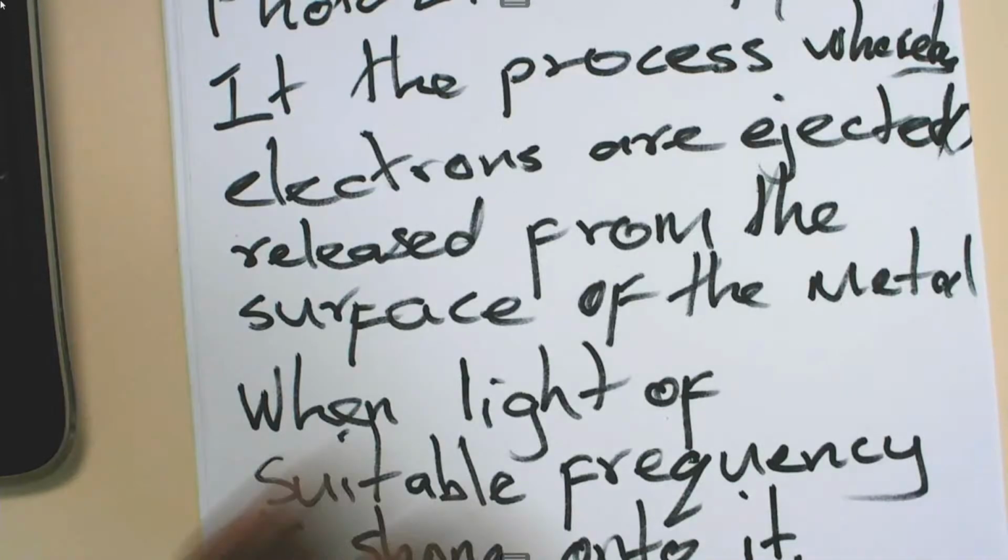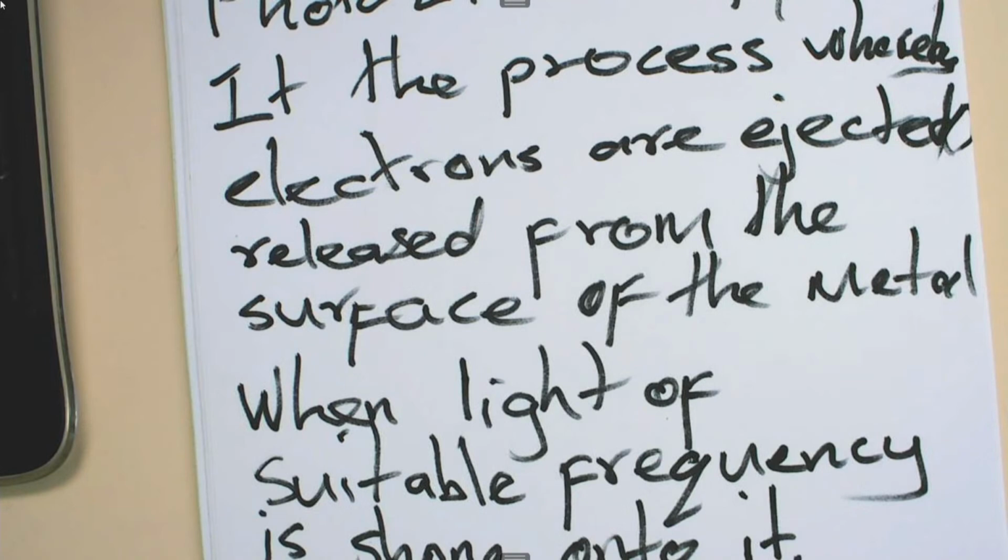So the photoelectric effect is defined as the process whereby electrons are ejected or released from the surface of the metal when light of suitable frequency is shone onto the metal.